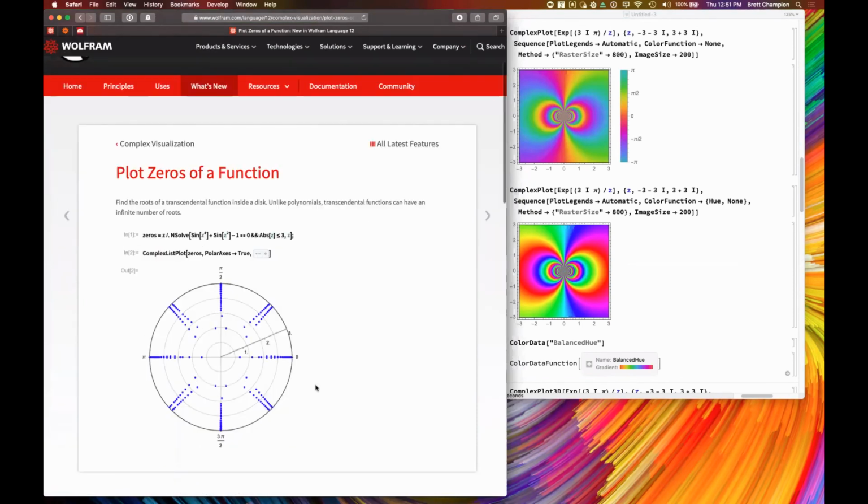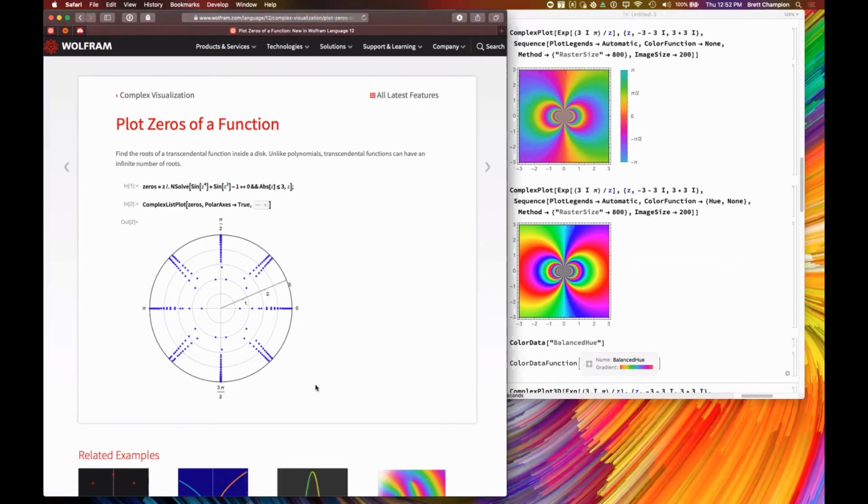So this is plotting zeros of a function using complex list plot. If you have a polynomial of degree n, then you have n zeros, and if they have real coefficients, then things are going to come in complex conjugates, and if not, they can be wherever.